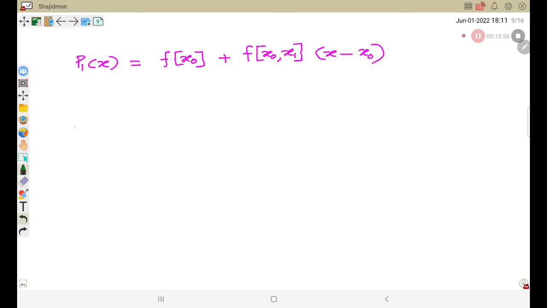Okay, now if you want to find p2 of x, can you say how to write p2 of x?